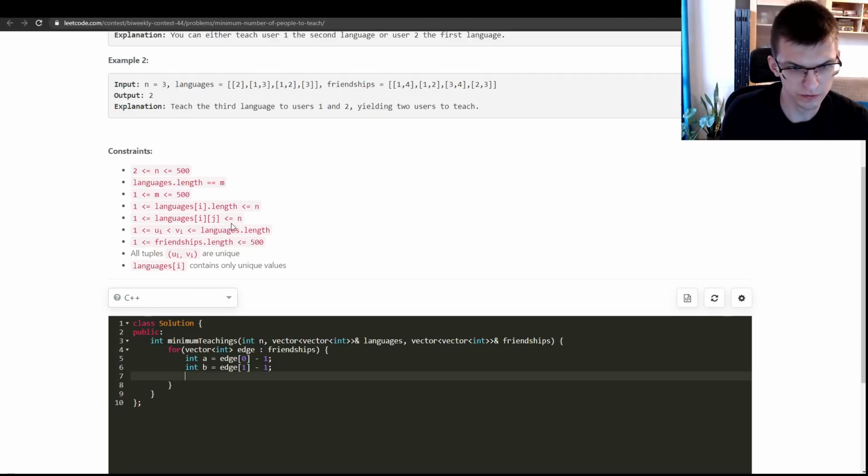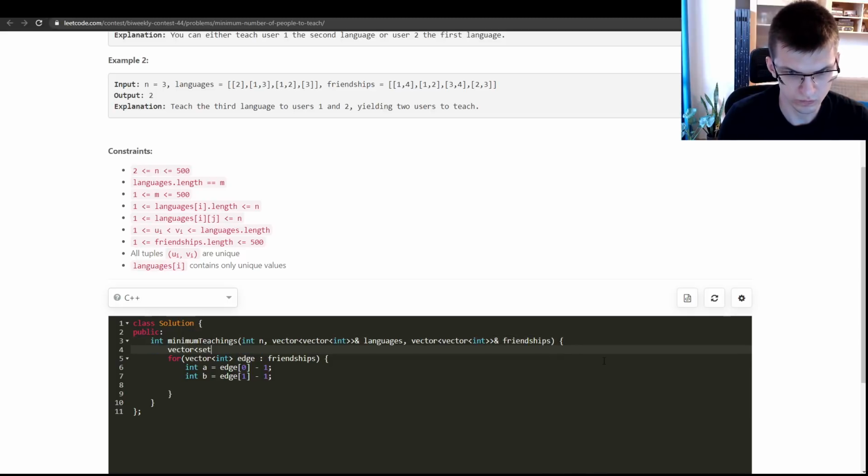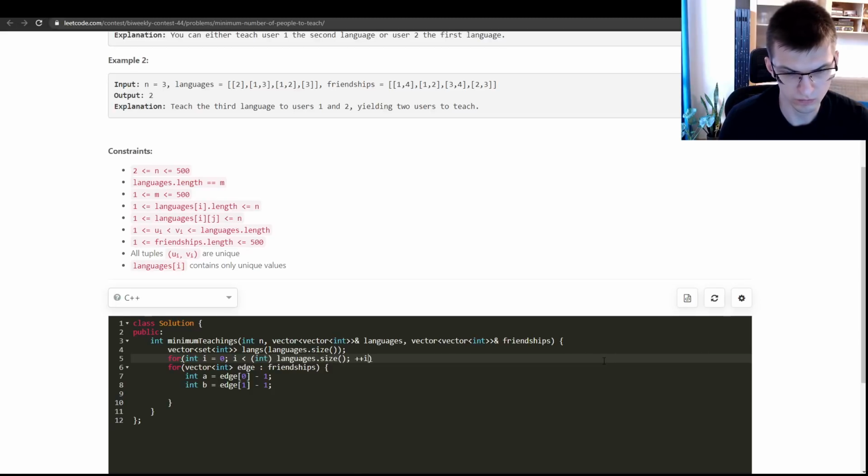Can I do it with brute force? Maybe with bit sets? What do I want?